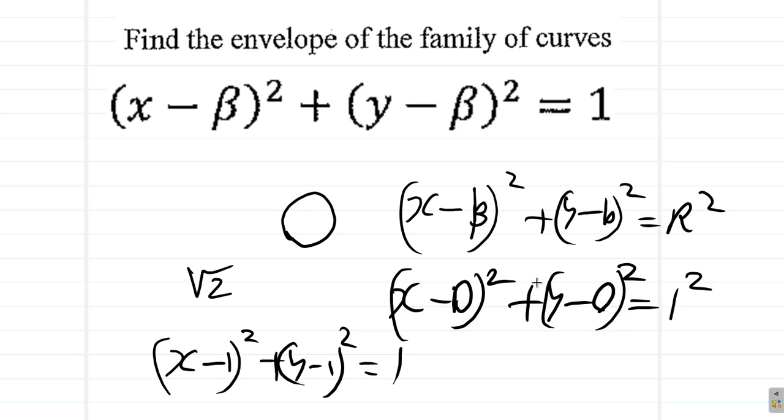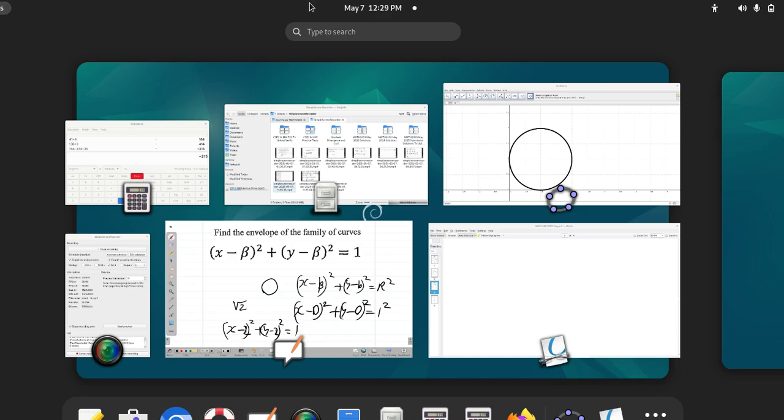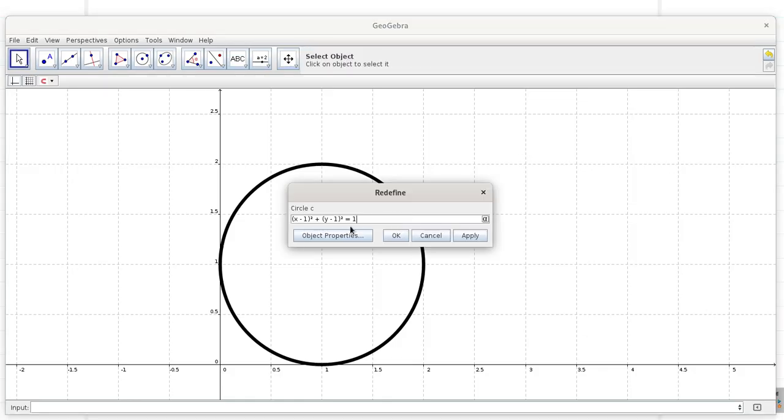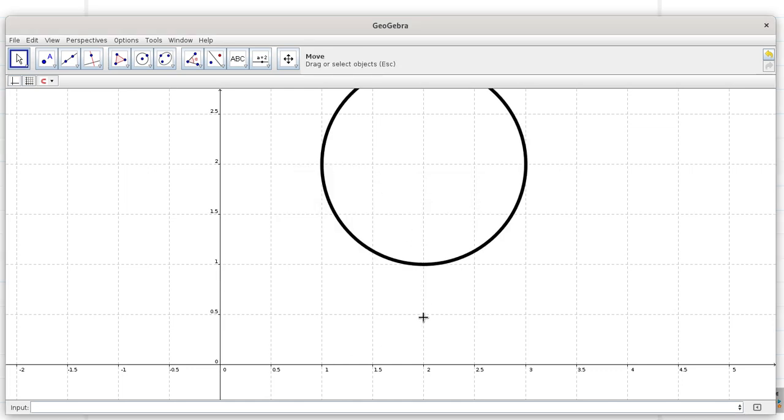If I make this minus 2, the center will be beside 2 and above 2. Right? So if I adjust this, change this 1 to 2 and this 1 to 2, the center is above x equals 2 and beside y equals 2.